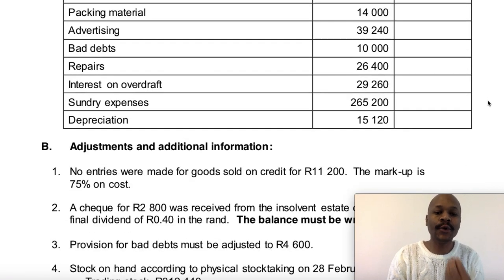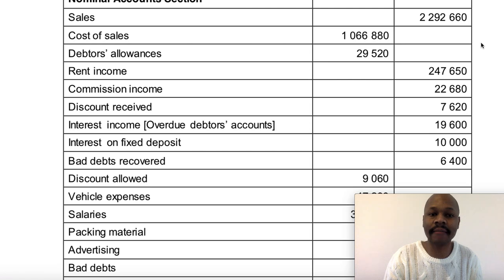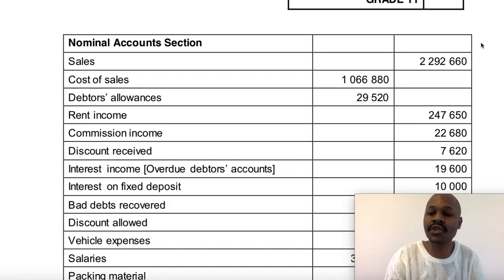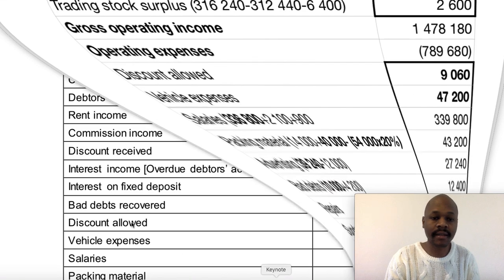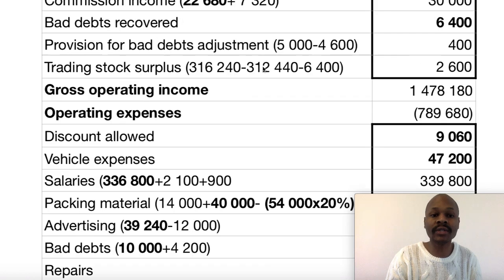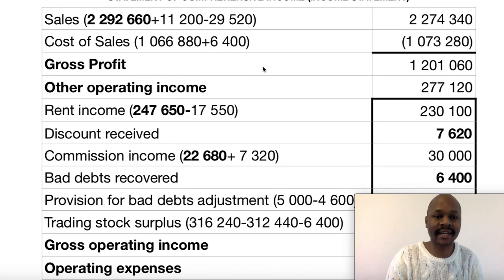We are told that no entries were made for goods sold on credit for 11,200. What happened to your sales? Your sales increased. So this 11,200, you'll add to that sales figure. Let's go to our answer book. You'll note that I have already subtracted this.